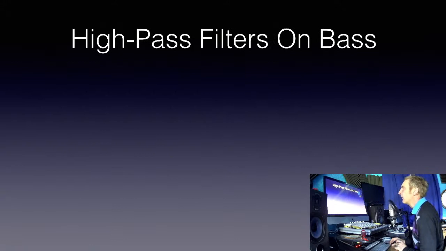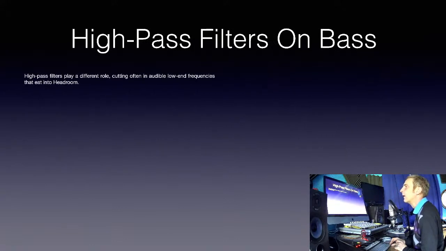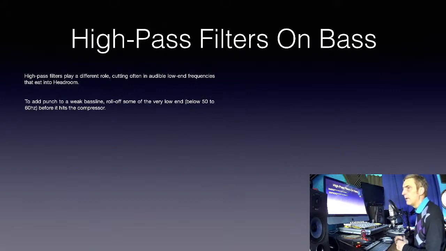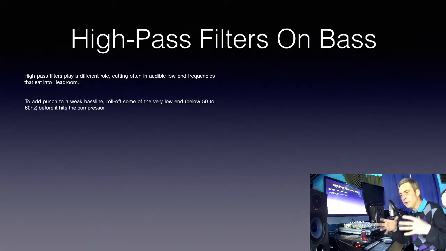So, high pass filters on bass. A high-pass filter plays a different role, cutting often inaudible low-end frequencies that eat into the headroom. Now, you'd think that cutting away the bass frequencies wouldn't be the right thing to do, but as we mentioned before, most club sound systems don't usually reproduce more than 30 to 50 Hertz.